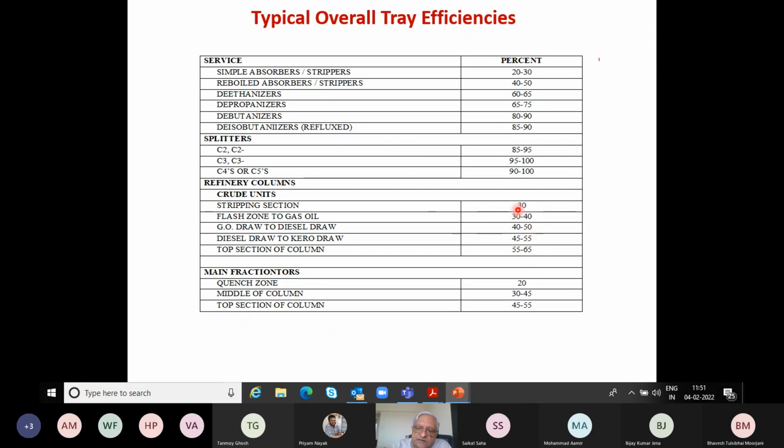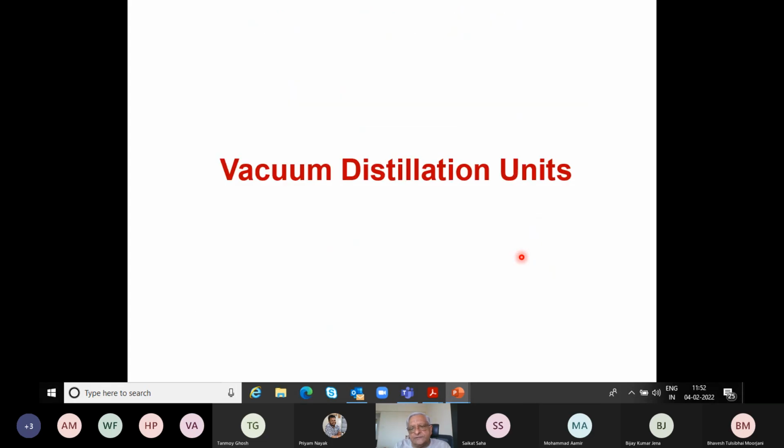As I mentioned last time, as you go up from the bottom to the top of the column, the tray efficiencies do improve, because at the bottom you're trying to fractionate streams which are relatively large in terms of relative volatility, but as you go to the top, the relative volatility reduces. So this is good data to keep to be able to refer to later.